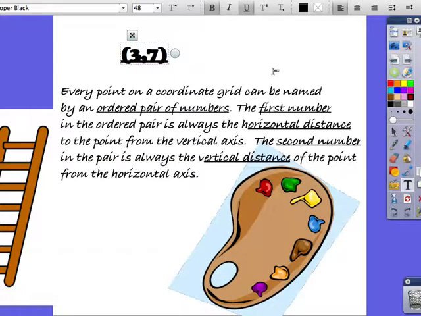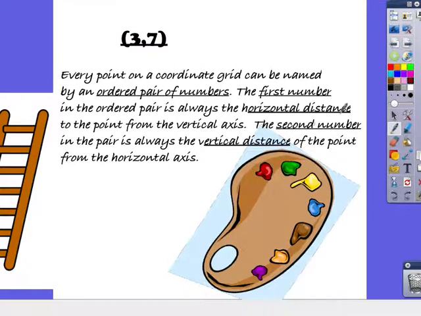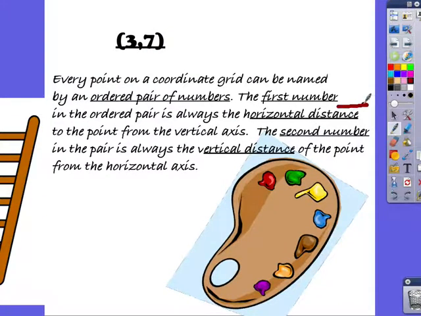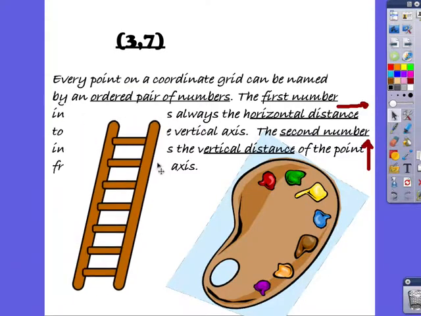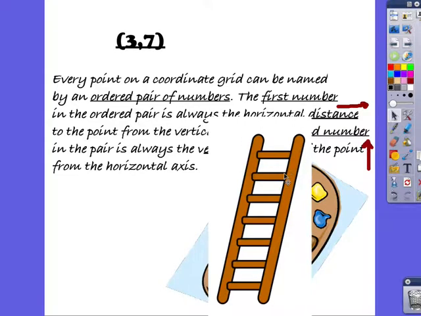Remember, horizontal means this direction from the vertical axis. The second number in the pair is always the vertical distance, so it goes up. So once again, you always need to move your ladder over in that horizontal position before you can climb up the ladder, which is that second number.